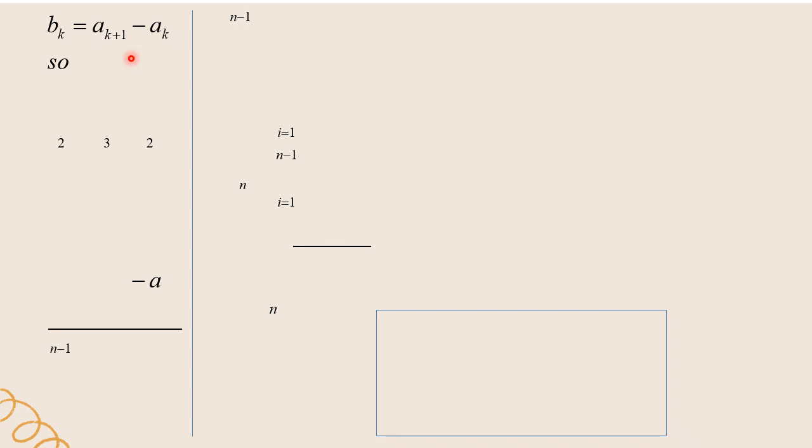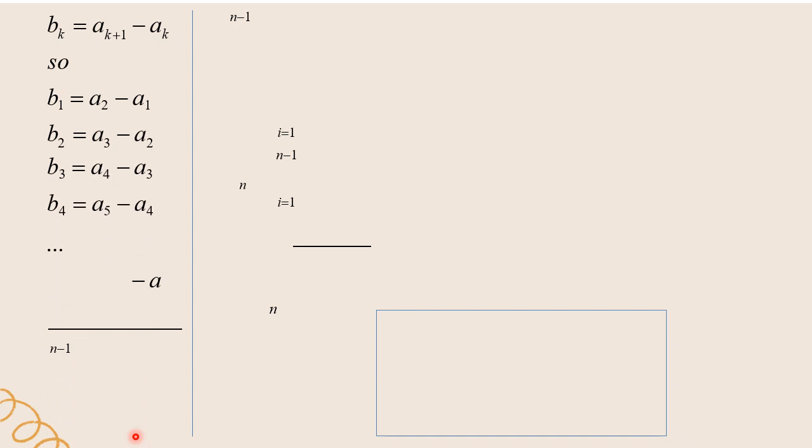As we can see, for the new sequence that we just created, b_k equals a_{k+1} minus a_k, we can get its terms. For the first term we just substitute k equals 1 into this equation, and we have a2 minus a1, and the same for the other terms.